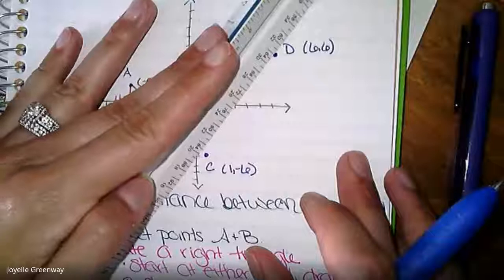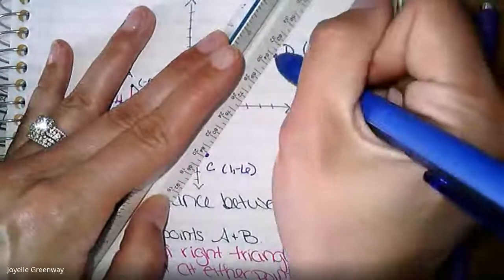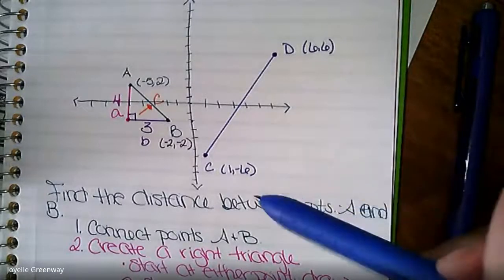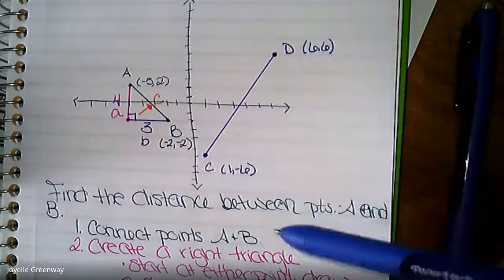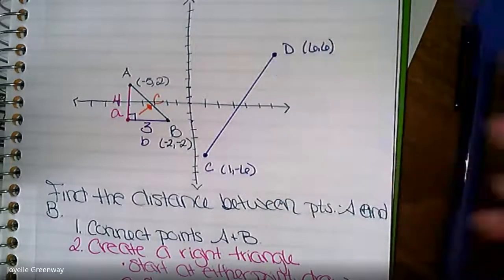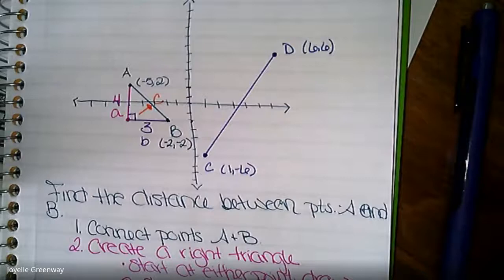I'm going to draw my line connecting D to C. That was step 1. Even though it says points A and B, we're going to connect the points between C and D. Now I want to make a right triangle.